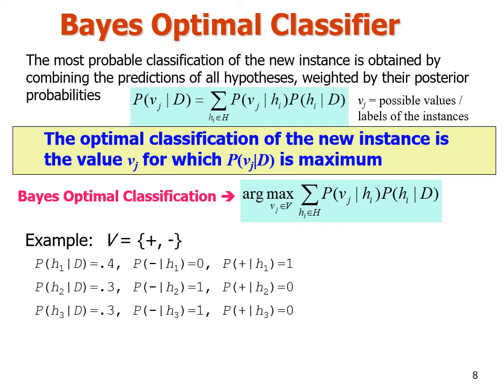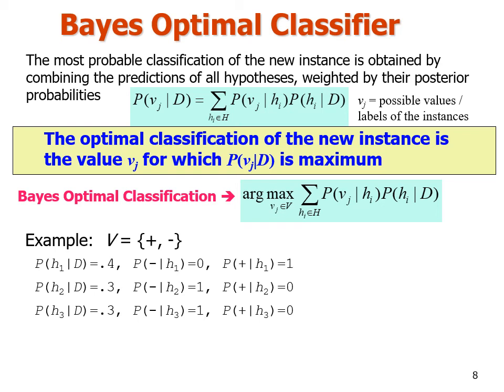Now, as there are two values in set V, positive and negative, we are supposed to compute two quantities. First is for value positive and second is for value negative.